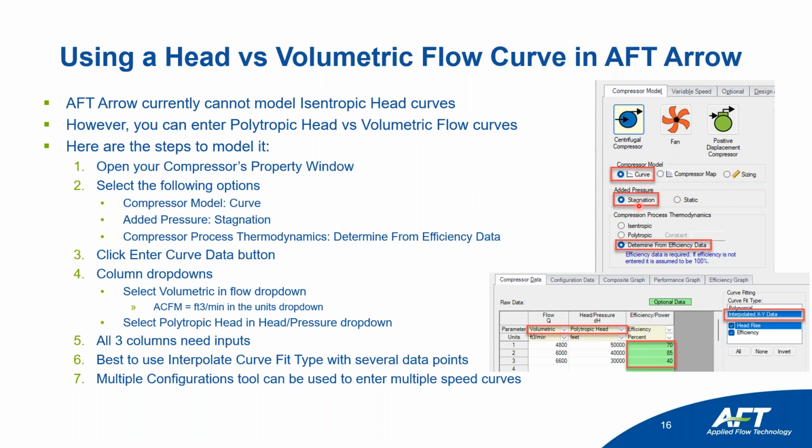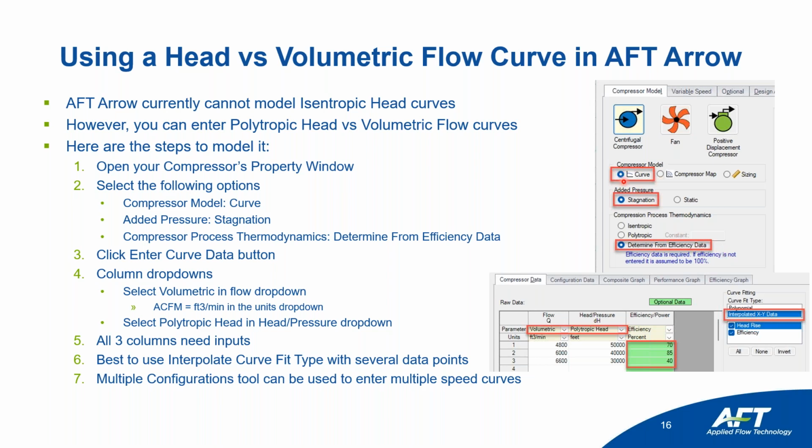Compressor map is very specific to corrected mass flow or non-dimensional mass flow, so that's something different. You set it to curve, you set added pressure to stagnation, and then compressor and process thermodynamics need to be set to determine from efficiency data. That's just so we can get that polytropic constant from your gamma and your efficiency data.